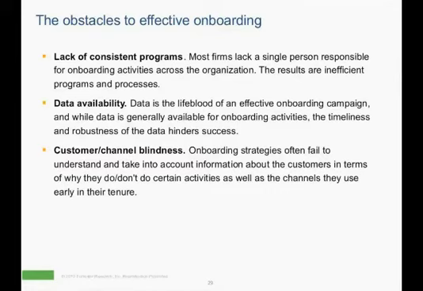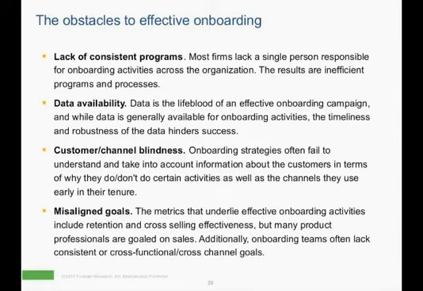Why do they leave us? If we lose 25% of those new customers in the first 6 months, why is that occurring? Now, onboarding programs are great, but you may find out that it's a fault of, as I said earlier, misaligned goals, and we have to think about that. And finally, misaligned goals themselves. So from an onboarding perspective, the goals of onboarding are really around activation and cross-sell.